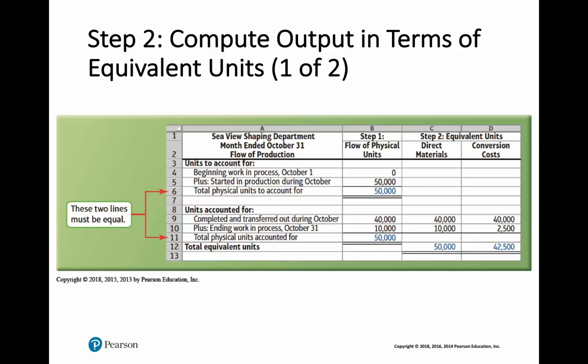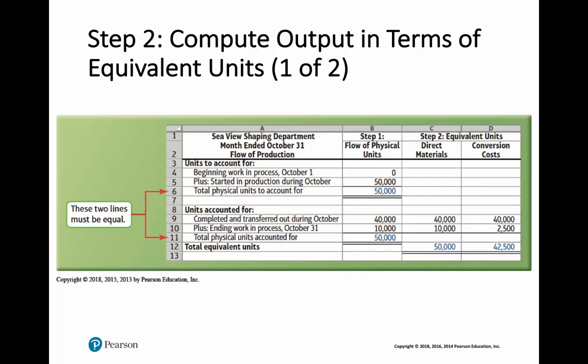The basic premise behind that is that if they're completed and transferred to the next department, we've added all the materials in our department to the products, and we've done all the converting in our department. A company doesn't move inventory to the next department until it's 100% done. We've done everything we have to do to each one of those products. Where the math gets a little complicated is what we do with our ending work in process numbers.